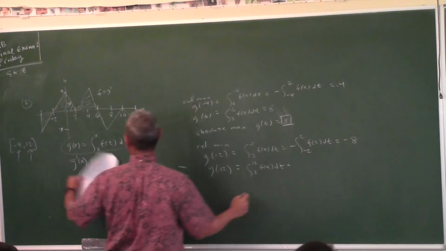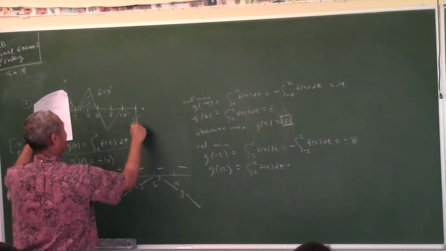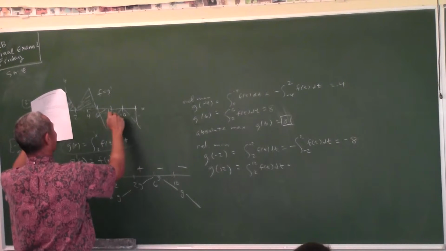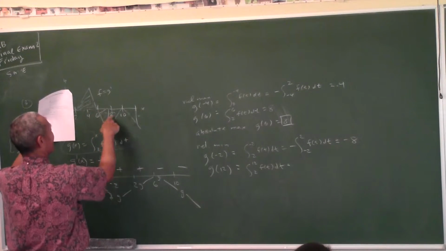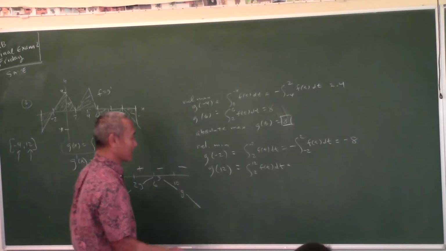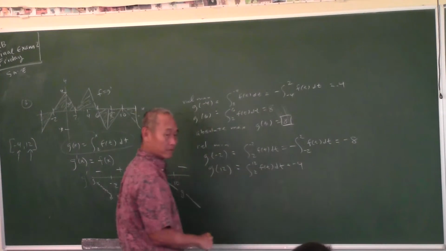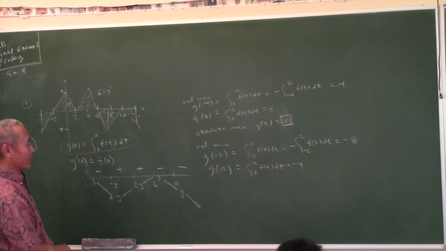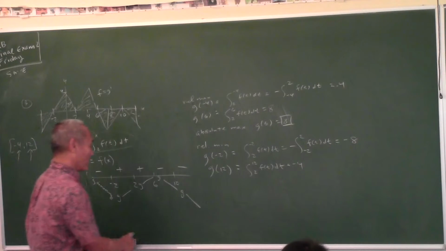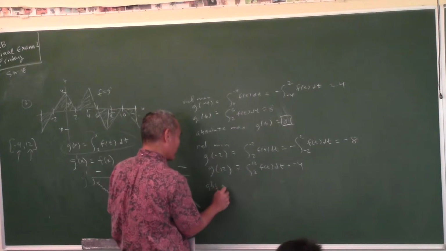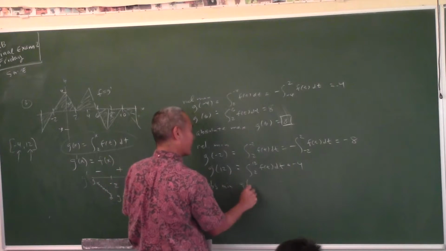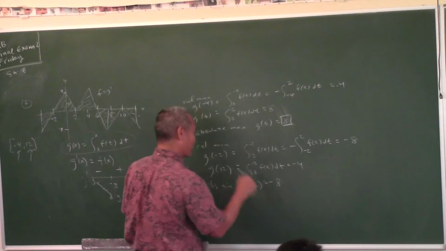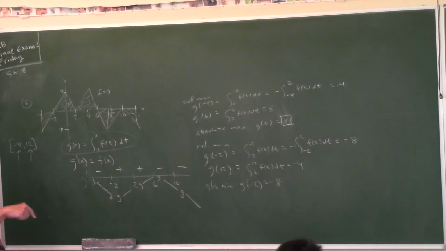You got all of these areas, but then some of them are negative. So this cancels that, so you just get negative 4, right? Okay, so what's smaller, negative 8 or negative 4? Negative 8 is smaller, so the absolute minimum value is g of negative 2, which is negative 8. Boom. That's what they want to see, comparing all the maximums and the minimums.